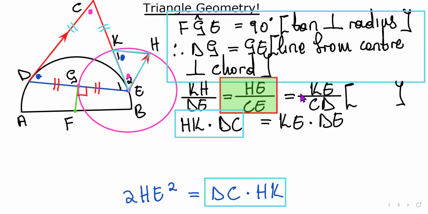Now it's time for us to deal with this side here. So how do we deal with KE and DE? Okay, no, seems like I lied to you a bit here. Yes, I did, because HE is here. Yes, HE is here.